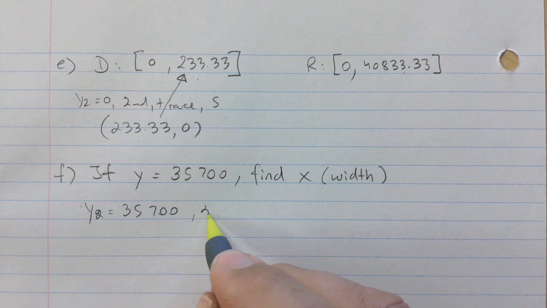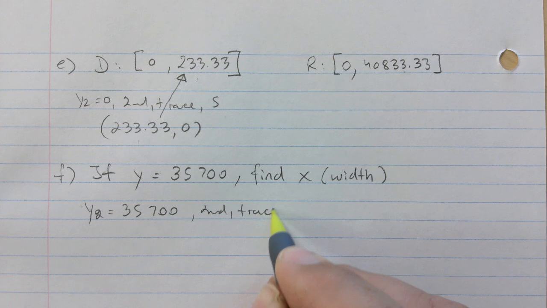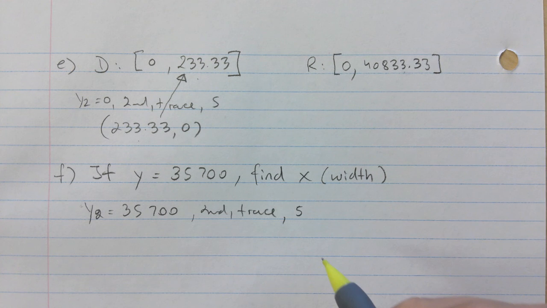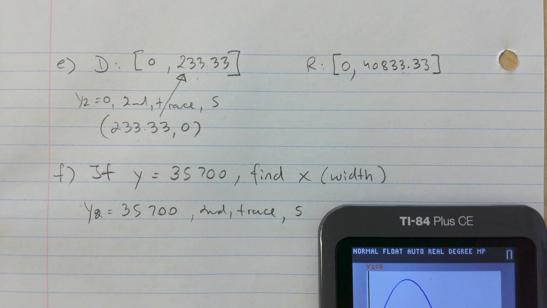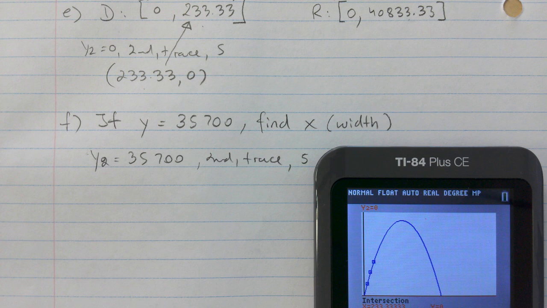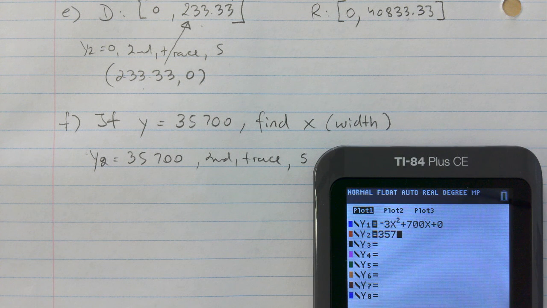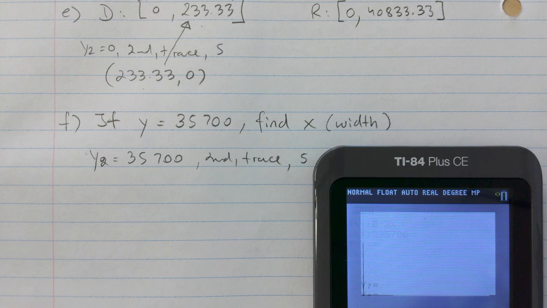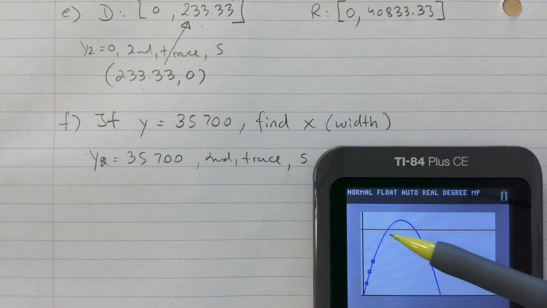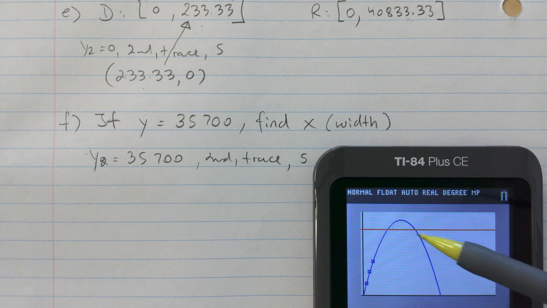Notice that I say dimension or dimensions, right? So there is more than one possibility. So y2 is 35,700. And notice what's going to happen here. You have that area twice. How's that possible?